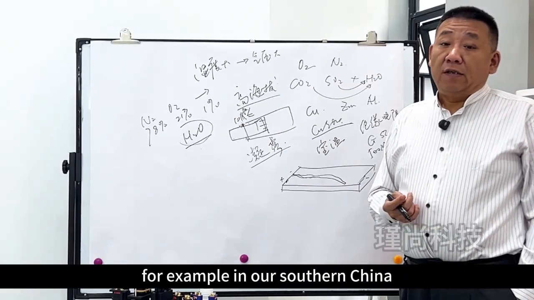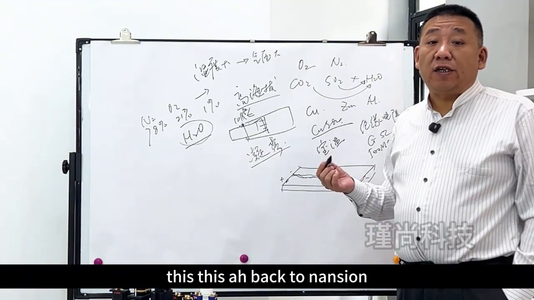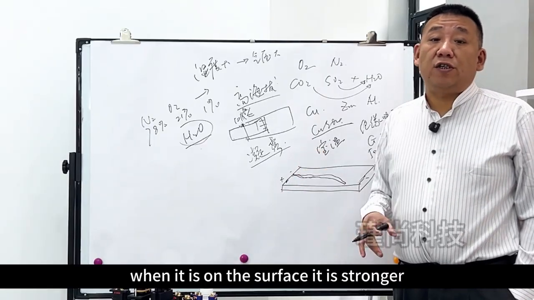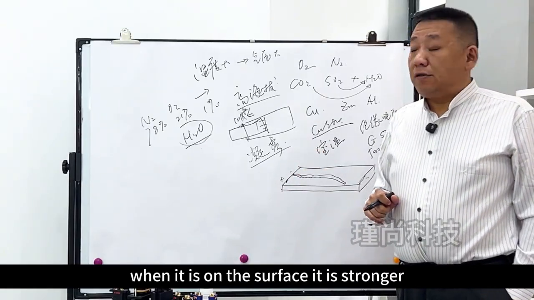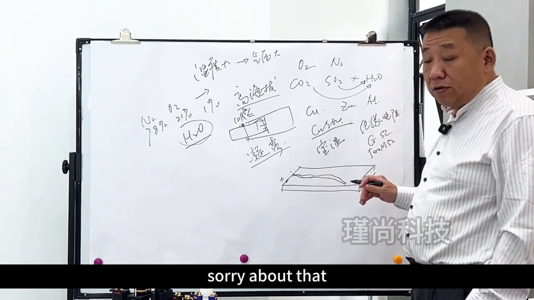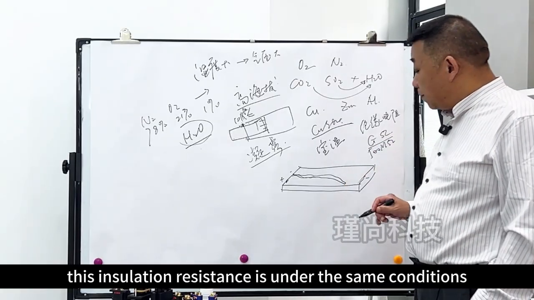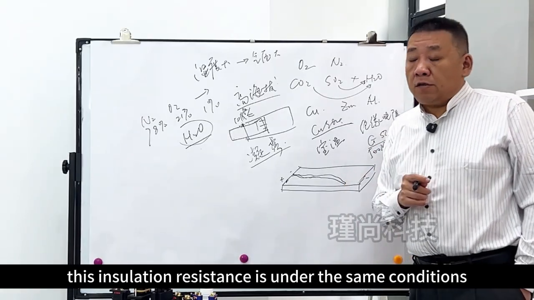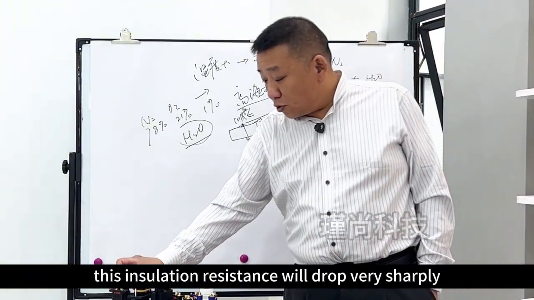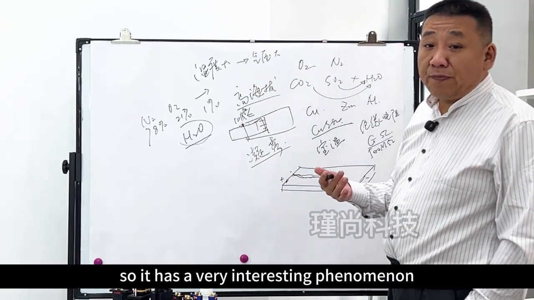For example, in southern China, during the so-called plum rain season, the surface becomes wetter. When there is this watermark, the insulation resistance, tested under the same conditions, will drop very sharply. Very impressive.